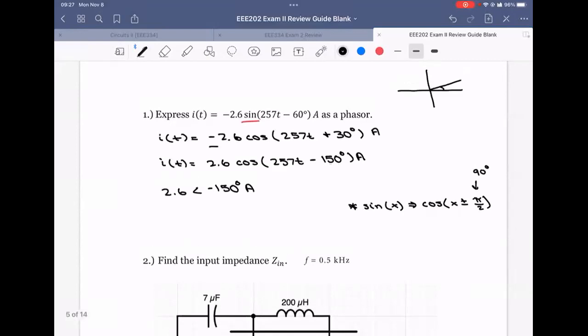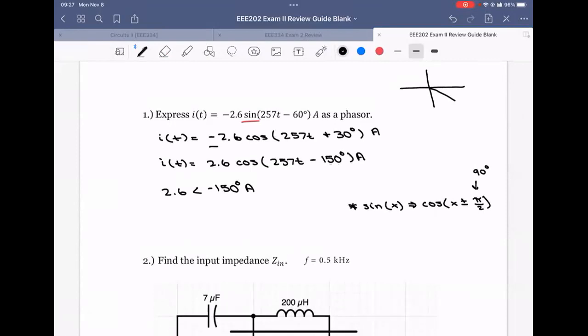If we subtract, we would go into quadrant 3. If we add, we go into quadrant 1. So it depends on where you want to be. You could do either one.